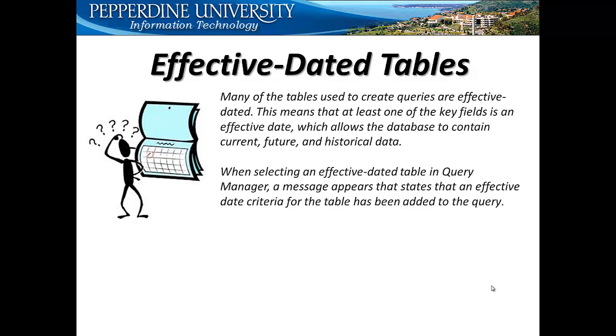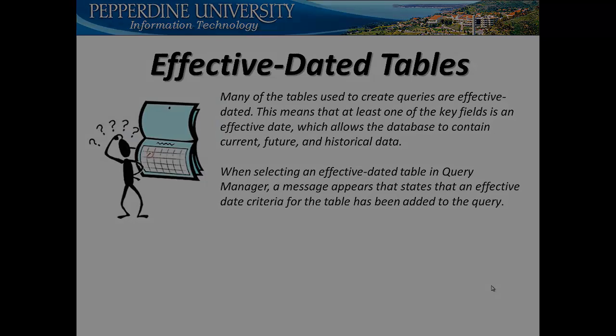When selecting an effective dated table in Query Manager, a message appears that states that an effective date criteria for that table has been added to the query. Successful query writing depends on knowing how the data is organized and stored in the database. Effective dating is an important concept in PeopleSoft Query because it is a prime factor in what you get for data results.